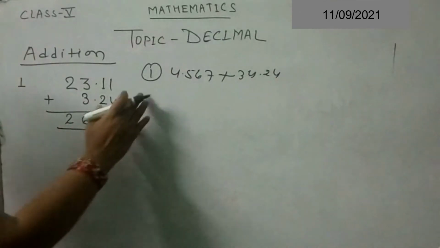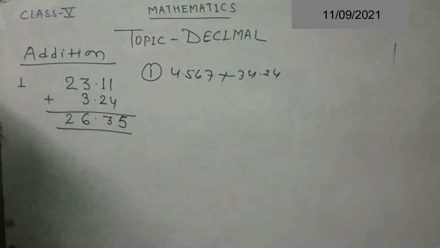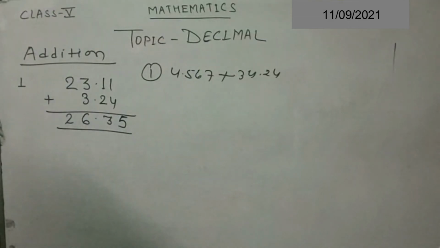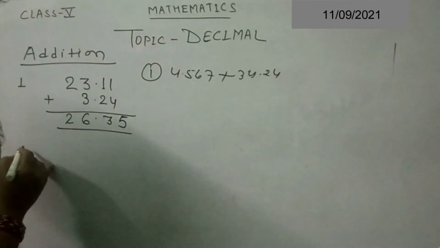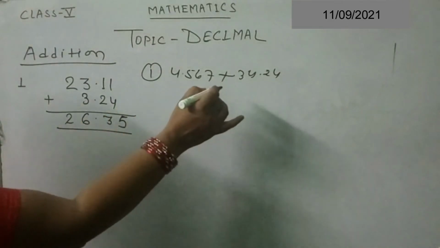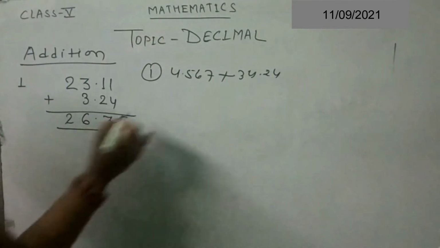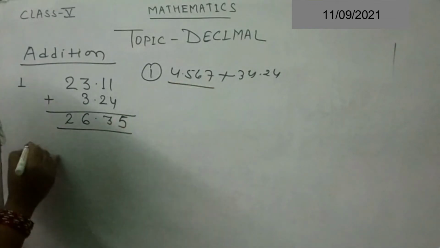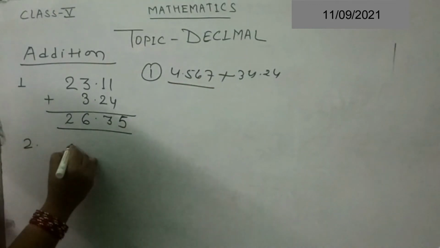But if a number is given in this way, then how to arrange? I will explain you step by step. Write down the numbers one under the other with the decimal points lined up. What is written first? 4.567.